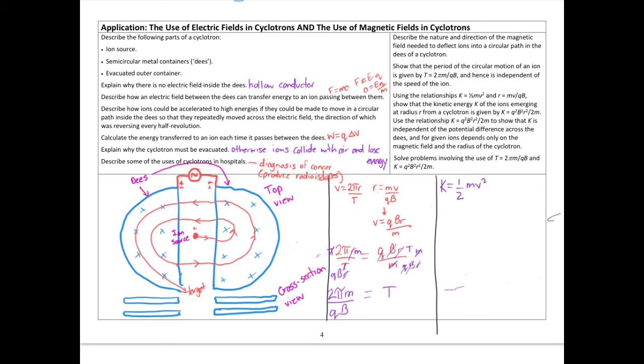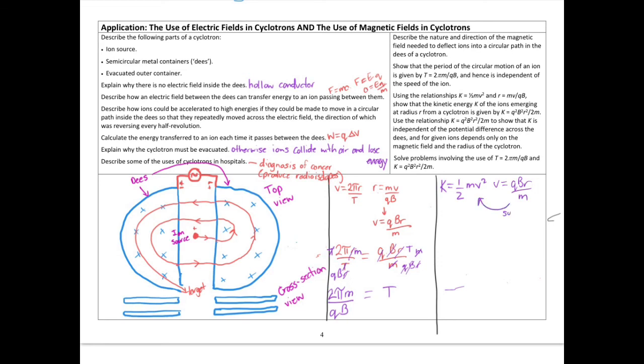Now we've got to rearrange this formula for here down to this one here. So we've already done that step from before, so I'm just going to copy this formula here. So that's just a rearranged radius formula, QBR on M.